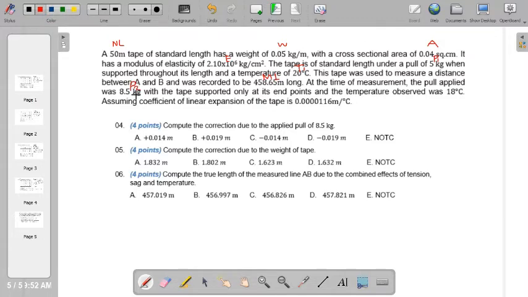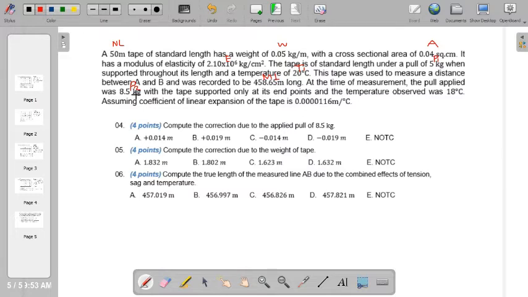Okay? With the tape supported only at its endpoint. So pag sinabi kasi supported throughout the length, ang ibig sabihin nun, nakalatag yung tape mo sa ground. That is how you describe that the tape is supported throughout its length.